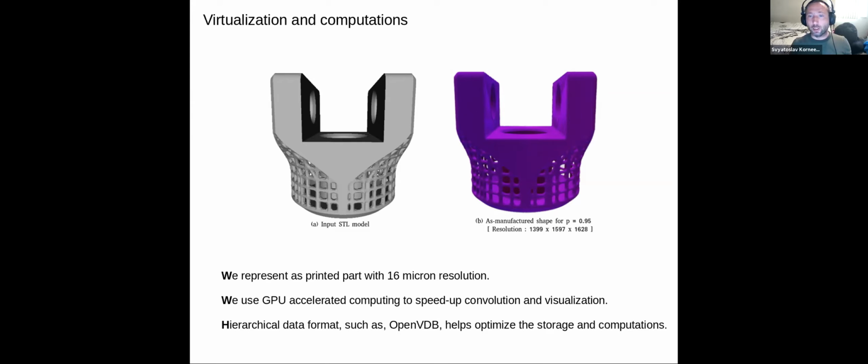Still, the amount of memory required is large. We represent a part with a 16 micron resolution, so if it's a part a few centimeters in size, it's computationally heavy. So we use GPU accelerated computing to speed up the convolution and visualization as well. And we use the hierarchical data format OpenVDB to help optimize storage and computation. So it's a very challenging computational visualization problem.